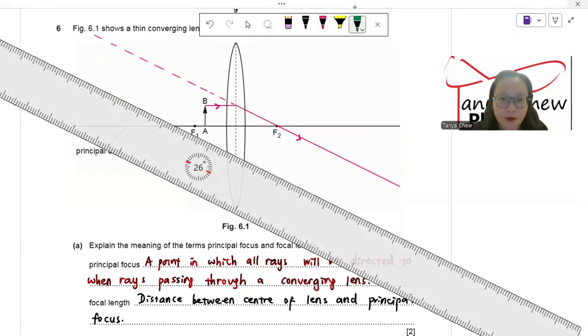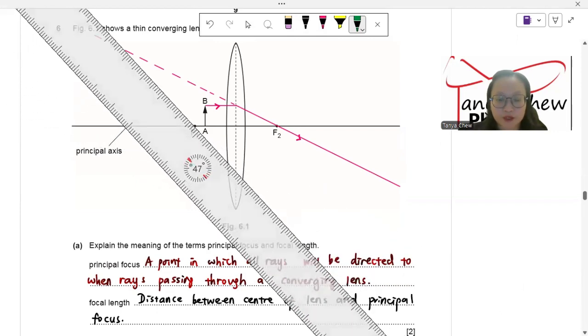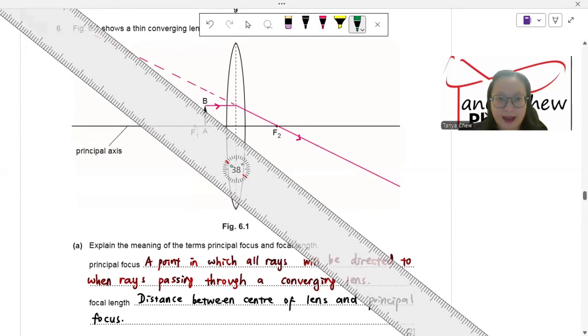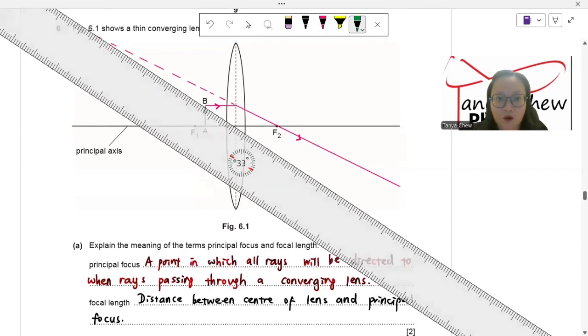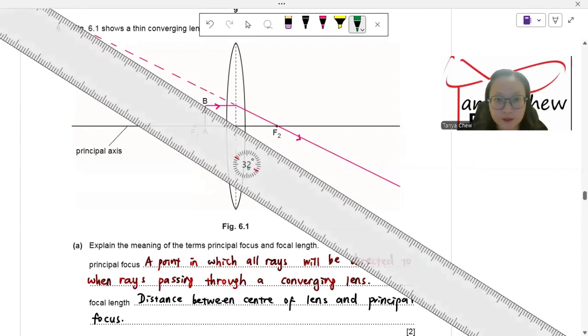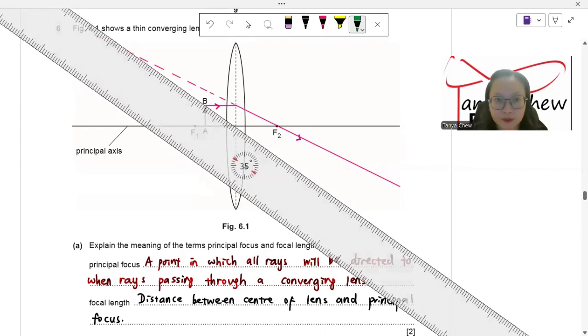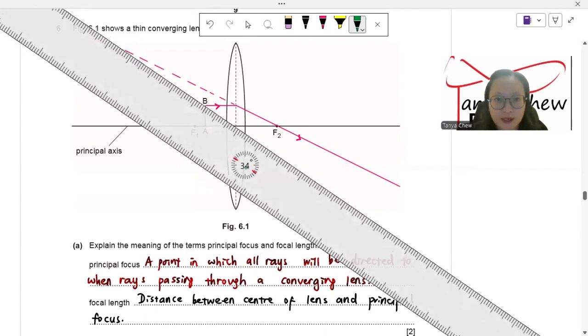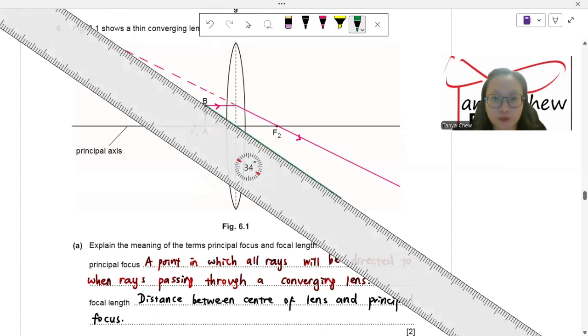Now, the second ray, which uses the second rule of drawing the ray diagram for lens, is that any ray that passes through the center of the lens will just go through straight. It would not be refracted.